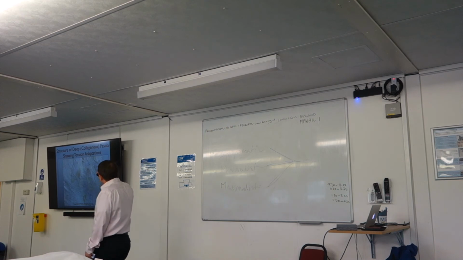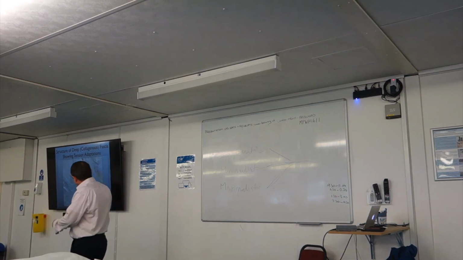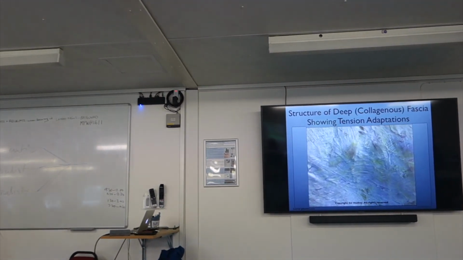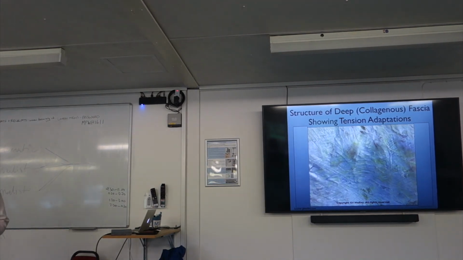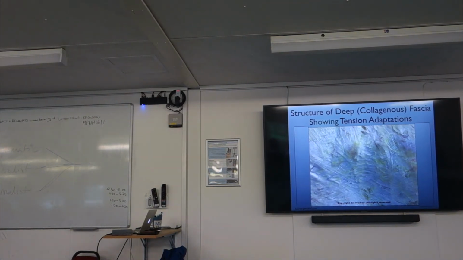So there's much more structure to this deeper fascia. You'll see lines of force, and this is the fascia that reacts to long-term stress or force on it. It's a kind of fascia that envelops the muscles.